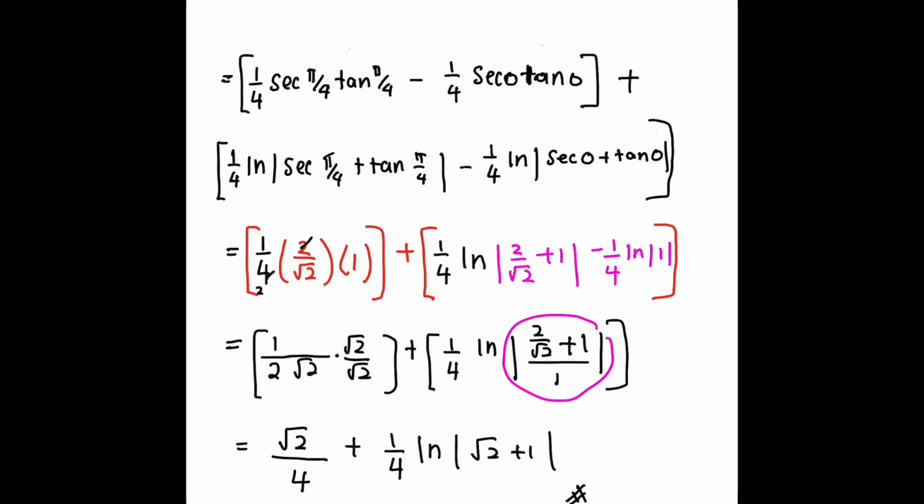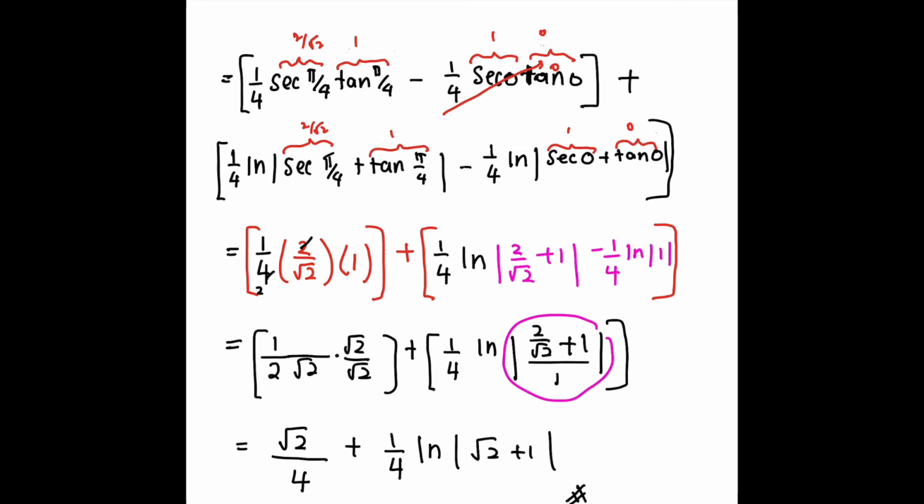So this is it. Let's open up the values here. We know that secant pi over 4 is 2 over root 2. Tangent pi over 4 is just 1. Secant 0 is 1. Tangent 0 is 0, so the whole thing here will become 0. And for the second one, secant is just 2 over root 2, tangent pi over 4 is 1, while secant 0 is 1, and tangent 0 is equal to 0.